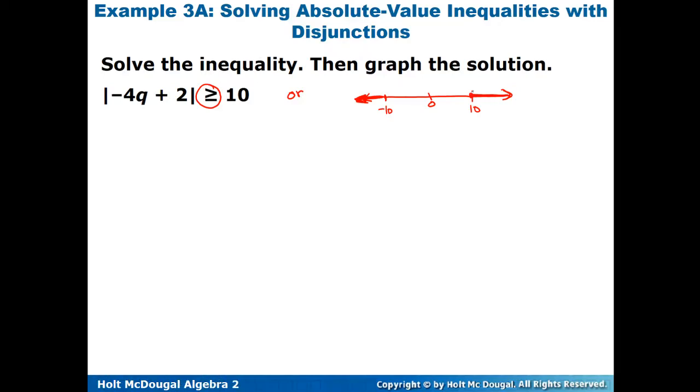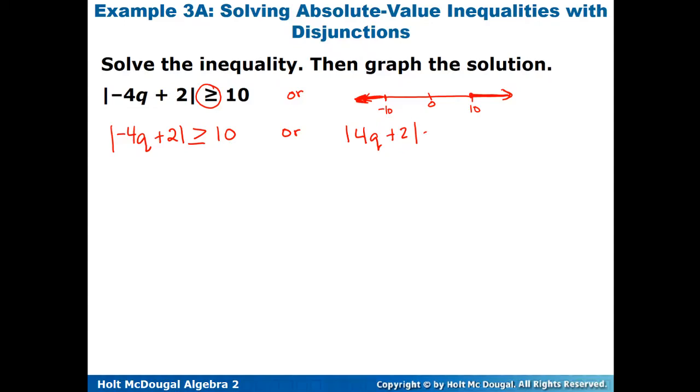The first one, the easy one: negative 4q plus 2 is greater than or equal to 10. But we're going to actually say or, the absolute value of 4q plus 2 has to be everything less than negative 10.